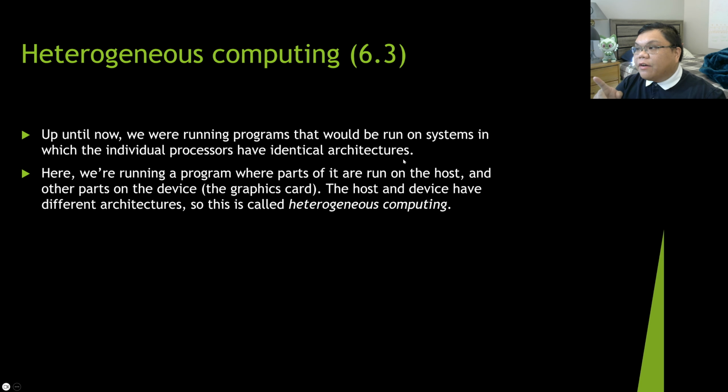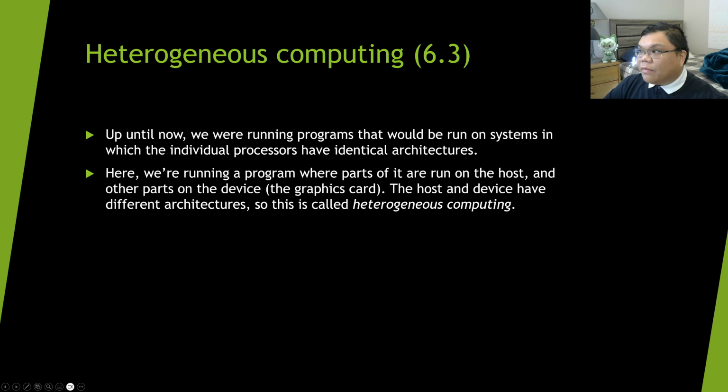What we'll be doing now is this. Because we are now about to write code that is to be run on two different architectures, what we're doing is called heterogeneous computing.